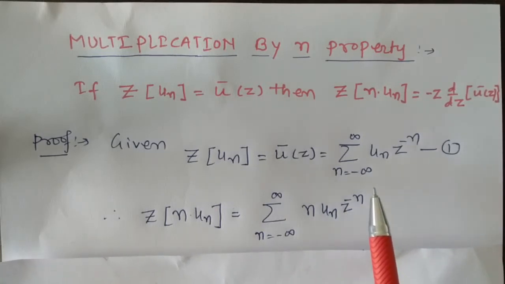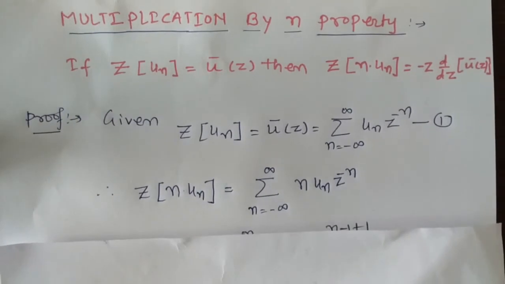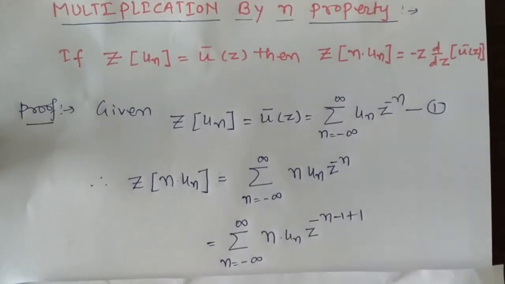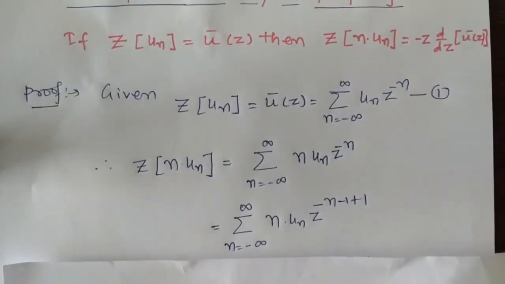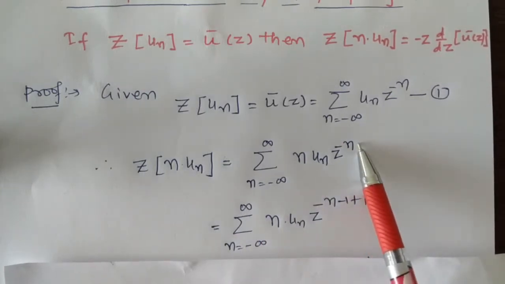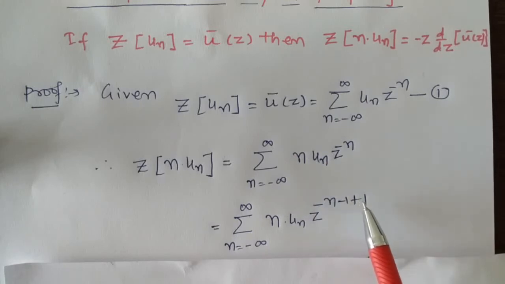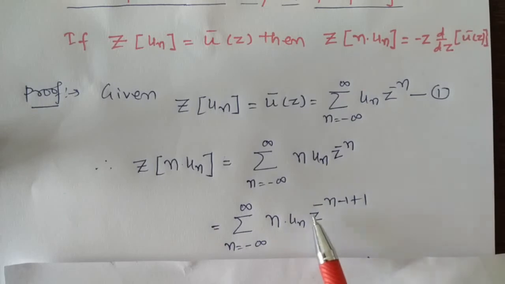Now we add and subtract 1 in the power of z. We get summation n goes from minus infinity to plus infinity n u_n z^(-n-1+1). Now we write z^(-n-1+1) as z^(-n-1) into z^1.